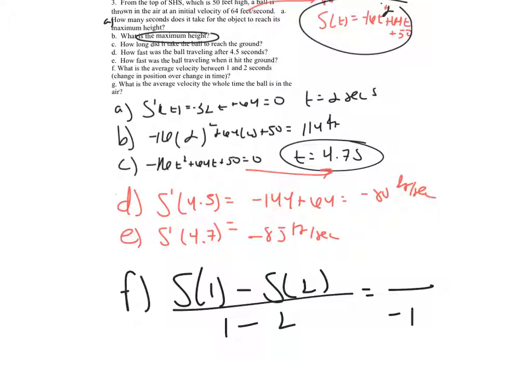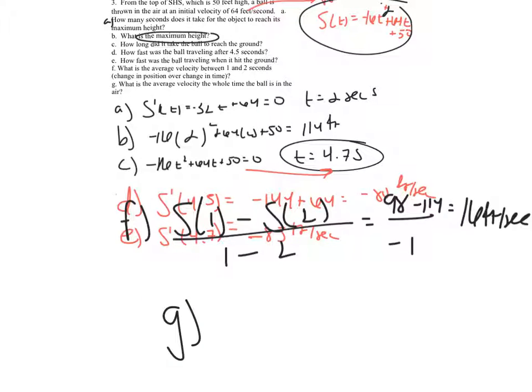If I plug in 2 seconds to my original and plug in 1 second, s of 1 is 98 and s of 2 is 114. You could go in the other direction and get both positives, but it's 98 minus 114 divided by negative 1, so you get 16. And it's feet per second.